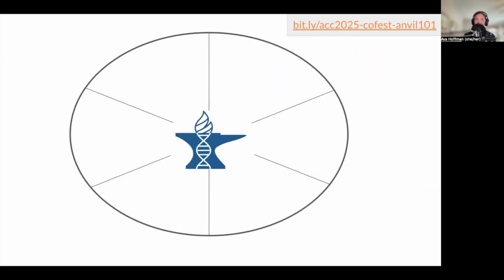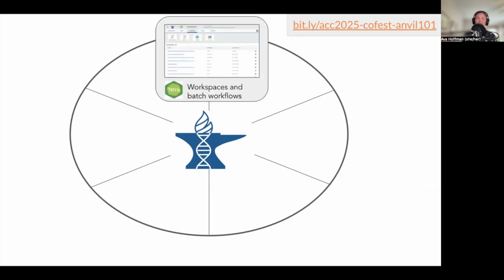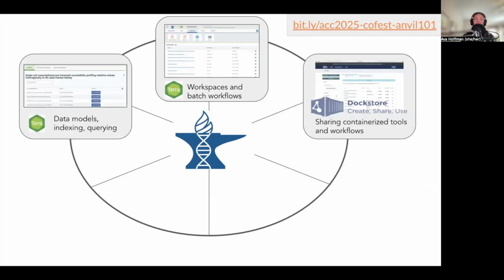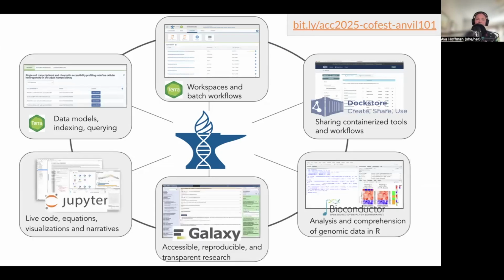Okay, so a quick other way to think about AnVIL are that AnVIL is structured across workspaces where you can run batch workflows. There are also data models for organizing your data into tables, and DocStore, which is a containerized tool warehouse for sharing workflows that you may want to run on your data. And then finally, our computing environments.